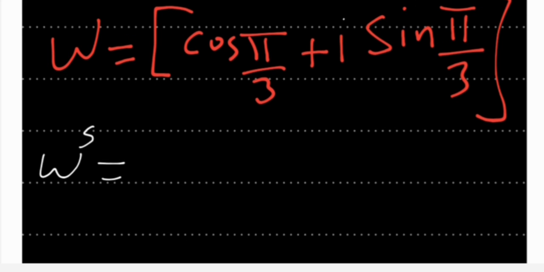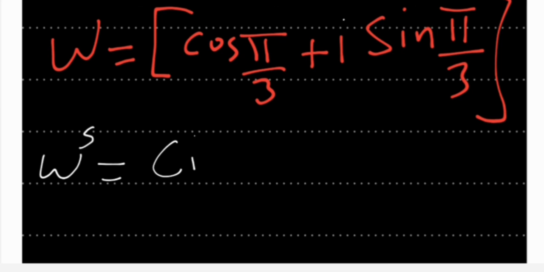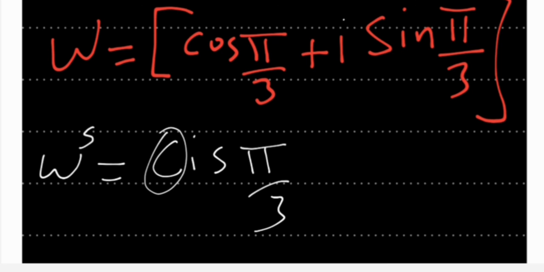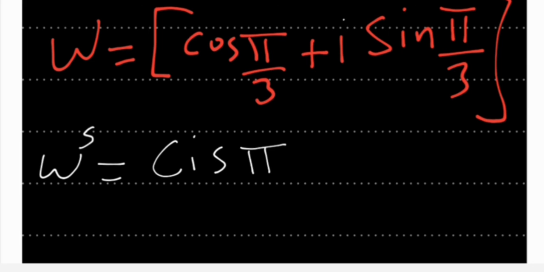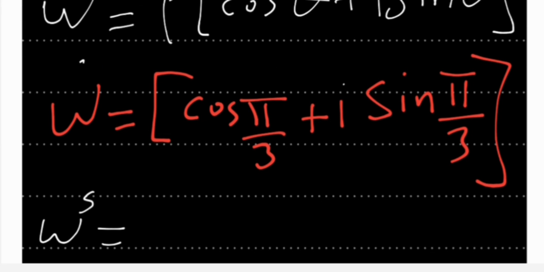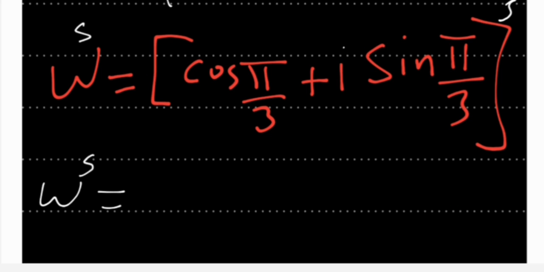Well, remember, you can say it like this, right? The C represents the cosine, the i represents the imaginary, and the S represents the sine. But you can also put it to the 5th. Now a property of the trigonometric form of imaginary numbers is that the 5 enters over here, right?